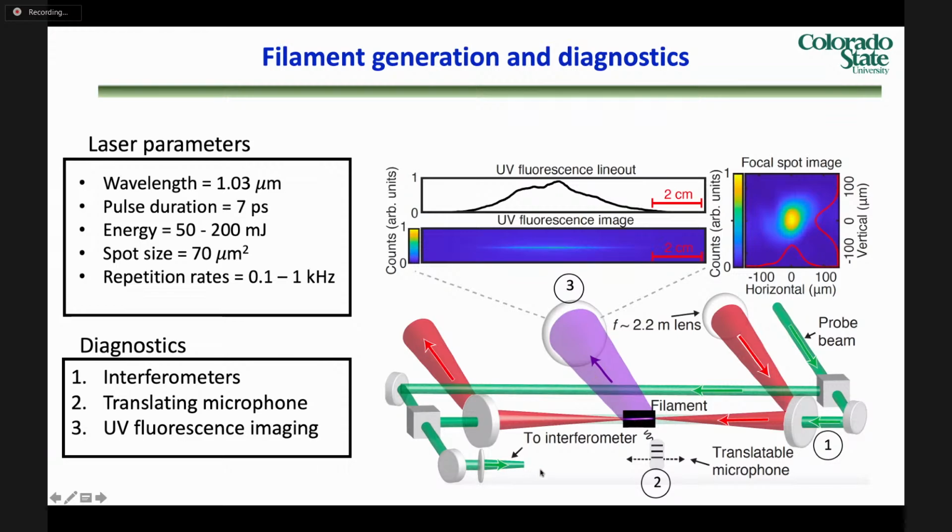So the output of the laser I just mentioned is directed to a lens that focuses the beam and allows us to generate a filament in the space of an optical table. And then we have different diagnostics for the filament. We do fluorescence imaging, indicated here on the picture, just with a lens and a CCD.